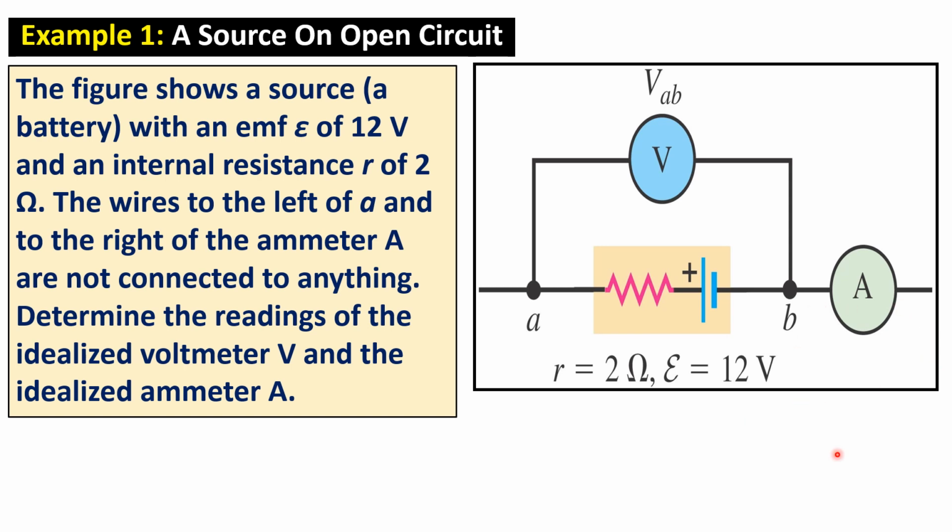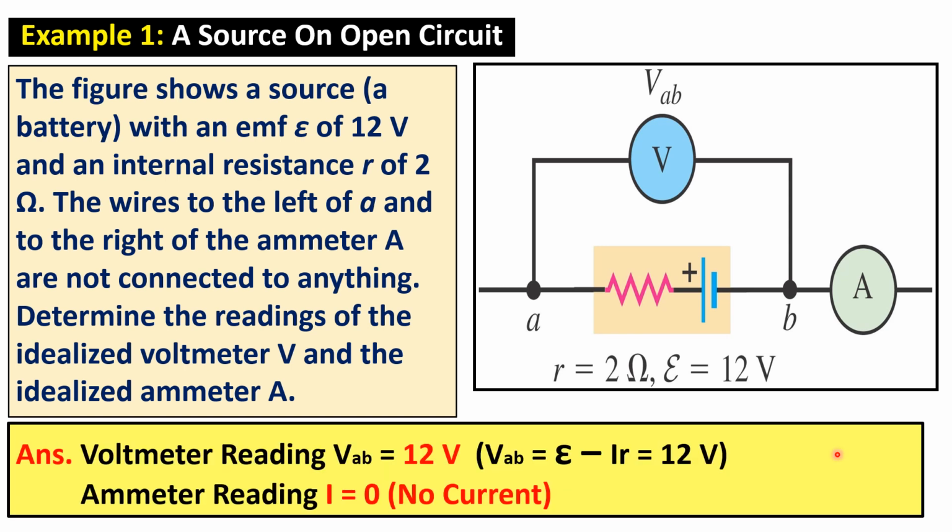Our answer is that the voltmeter should read 12 volts, while the ammeter reading will just be 0, as there is no current in this part of the circuit.